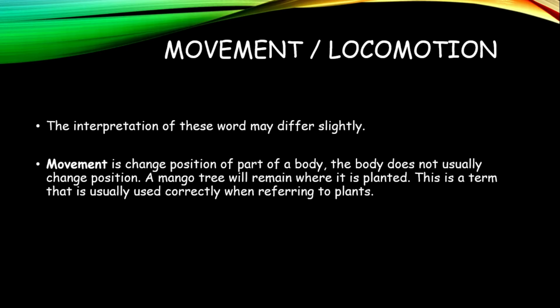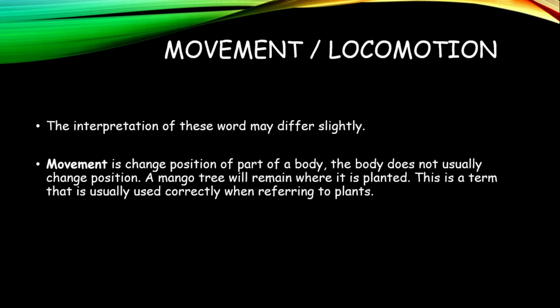So it's a part of the body that is moving. The body does not usually change its position. So where it's grounded, that's where it's going to be. A mango tree will remain where it is planted. This is a term that is usually used correctly when referring to plants.